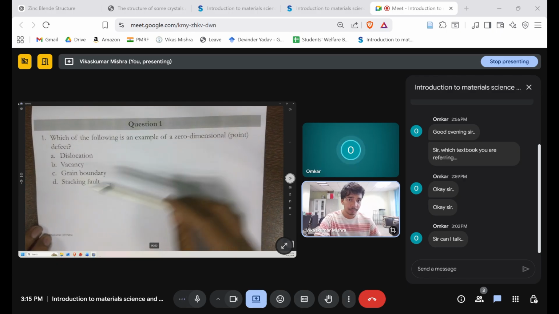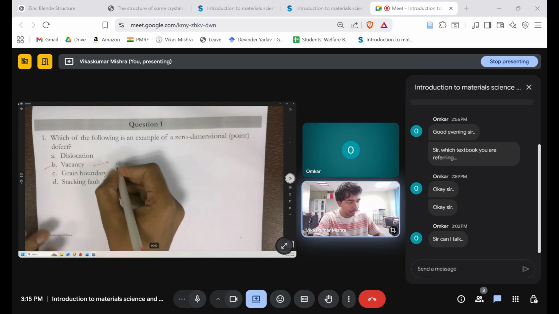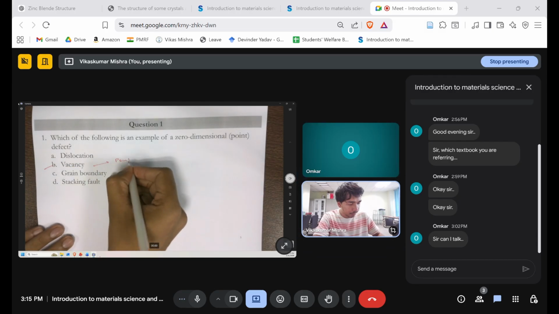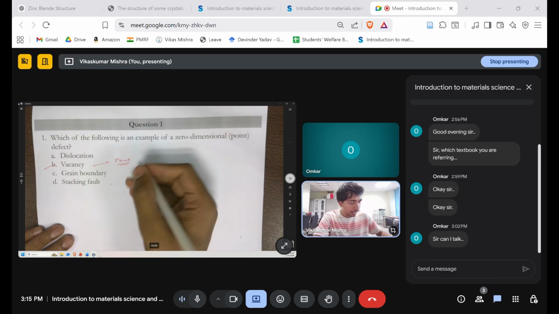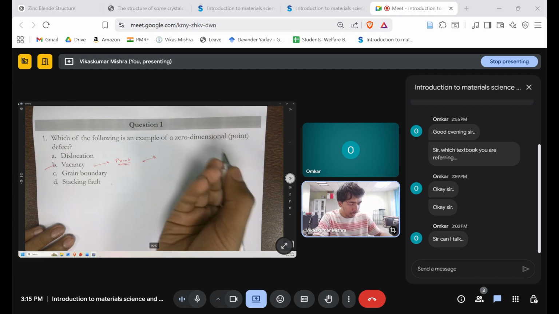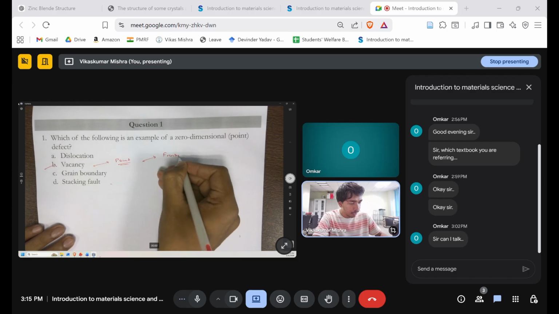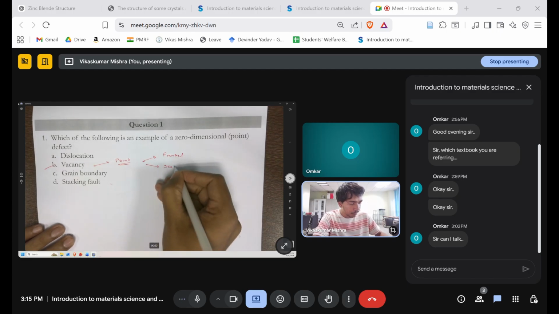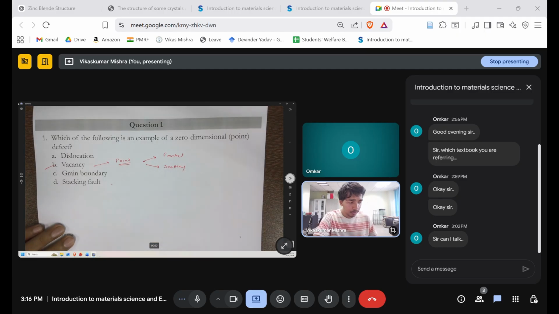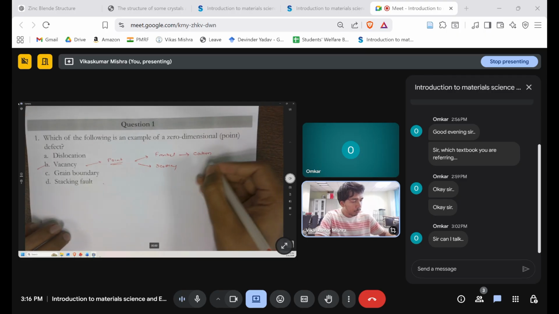Vacancy, right? Yeah, it's a vacancy. So vacancy, we can say it's a point defect. We saw a couple of defects in the vacancy. We saw the Frenkel. We also saw the Schottky. Frenkel is the one where a cation will move from its site and go to the interstitial position.